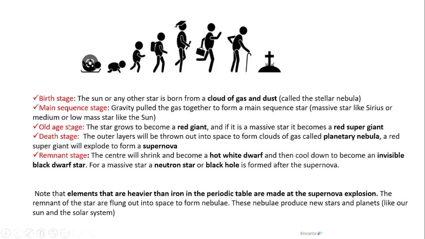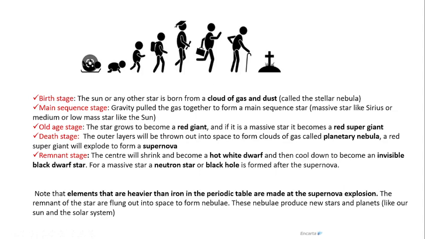Now we have the next stage, which is the old age stage. The star at this stage grows to what we call a red giant. And if it's a massive star, it becomes a red supergiant. Now the death stage.